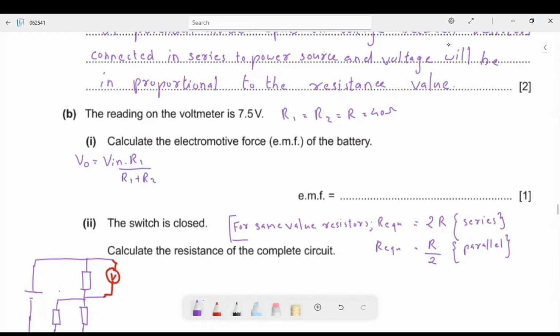Here R1 is equal to R2 is equal to R, the same value. So substituting, V input into R by R plus R, that is 2R. This R and this R will get cancelled. It will be equal to V input by 2. We need to find the V input voltage. So V input can be written as 2 into V out, that is equal to 2 into 7.5 volt, which is 15 volt.